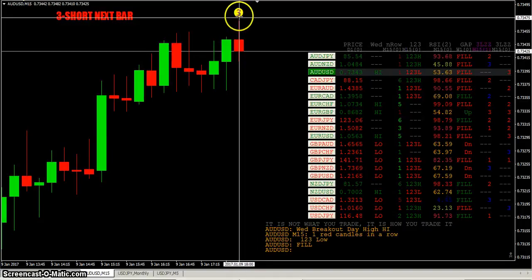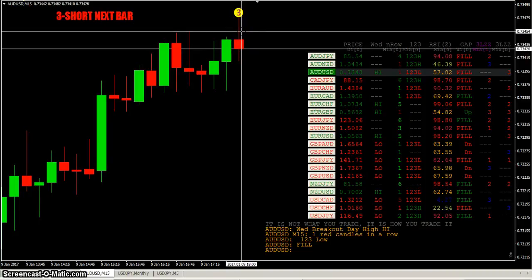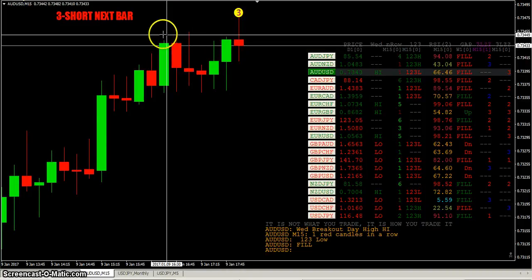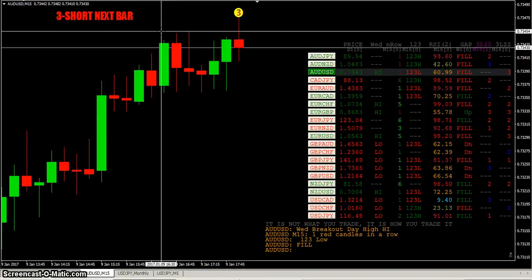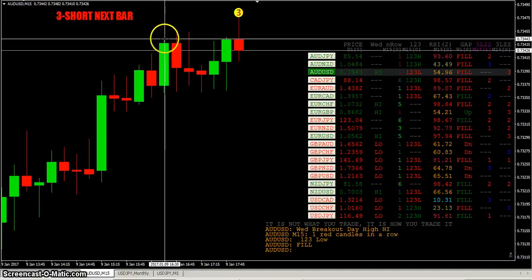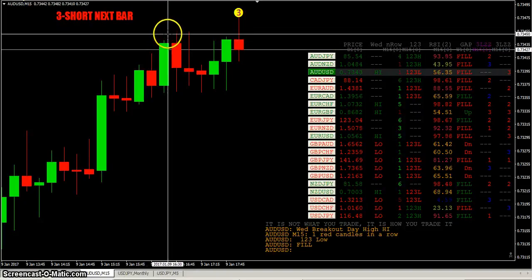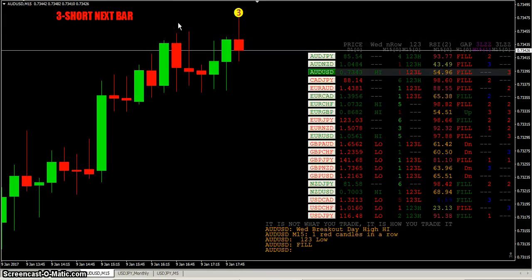If it's not making new highs, then it's probably going lower. So right here would be one place to go short. Now another place would be right here, which would be the highest open. So there's two opportunities to go short off of that 3, right? Those two spots right there. Now, of course, it can reverse on you.